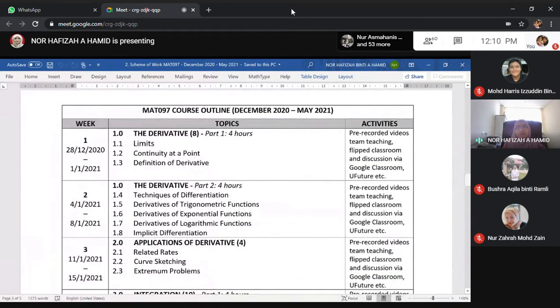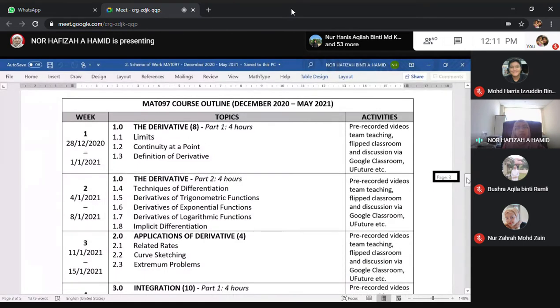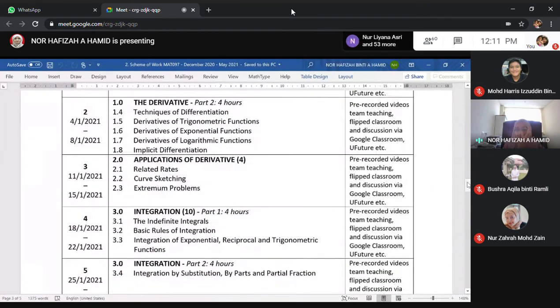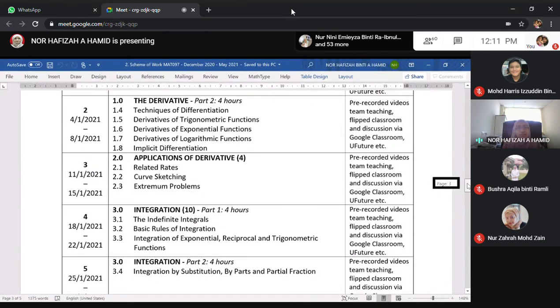Okay, so we start with chapter 1 this week, the derivative. We cover derivative for 8 hours, until week 2, until next week. So on week 3, we will go into a new chapter, chapter 2, applications of derivative. We cover applications of derivative for 4 hours.